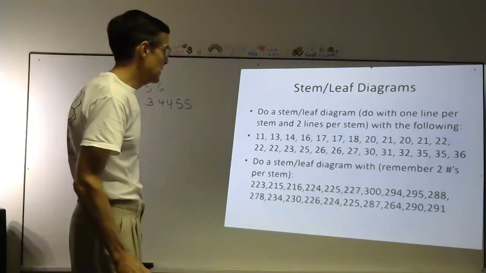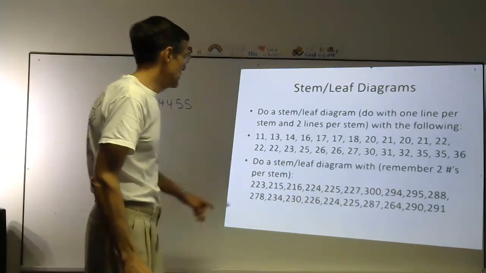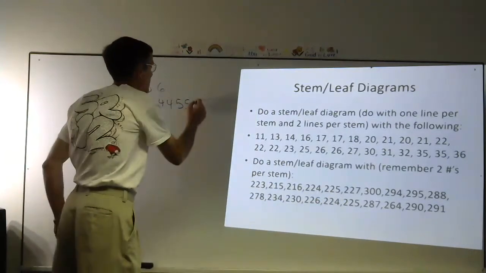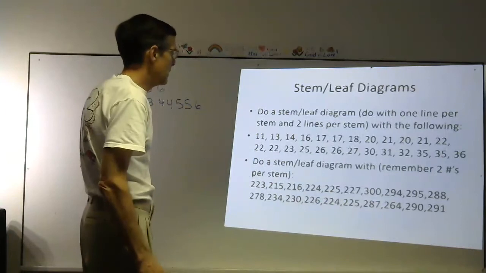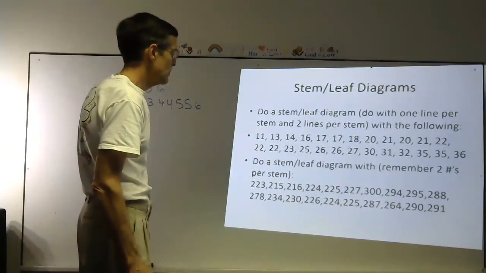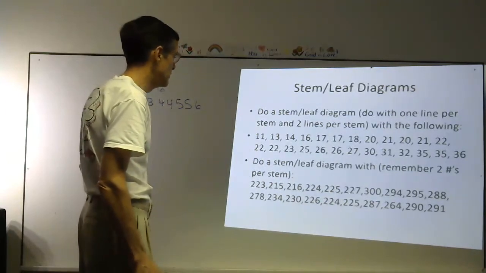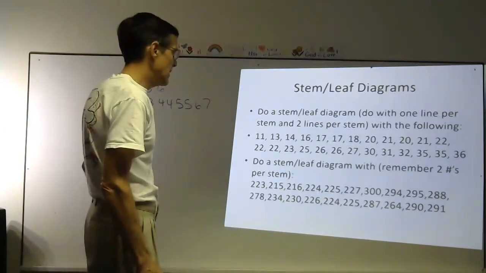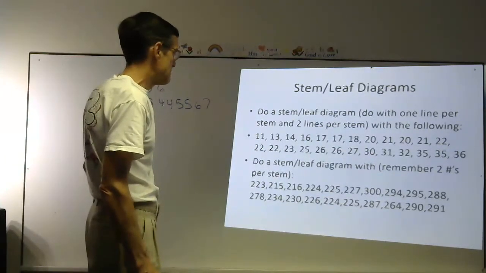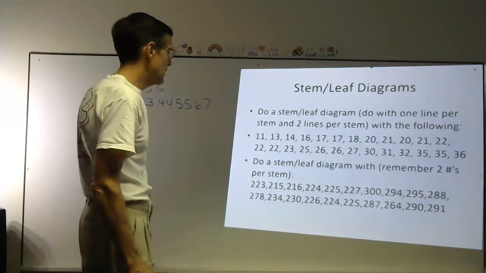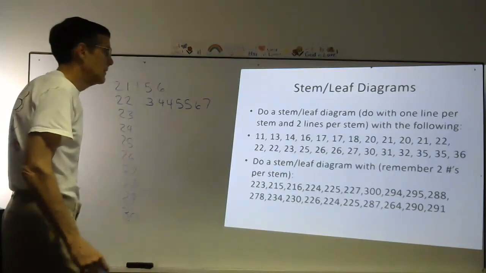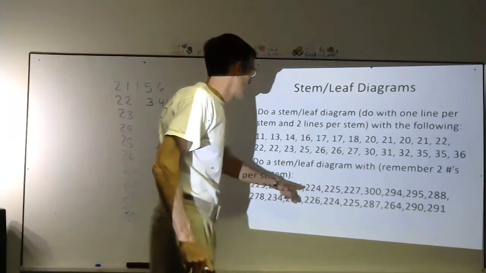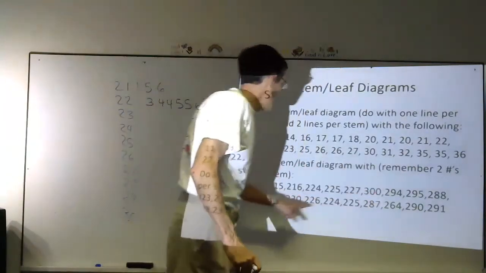With me? Do I have any 226s? Yes, one of those. Then I have 227, one of those. Is that it? I think that is it. What have I got for the 230s?